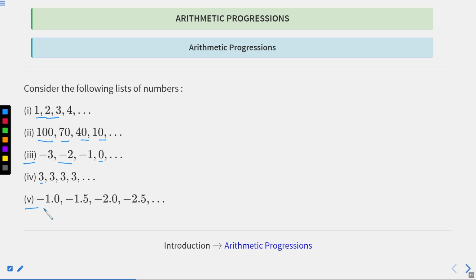And in the fifth one we have minus 1.0, minus 1.5, minus 2.0, minus 2.5, and so on. Here the succeeding terms are obtained by adding minus 0.5 to the preceding term.